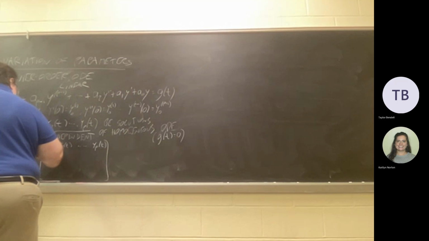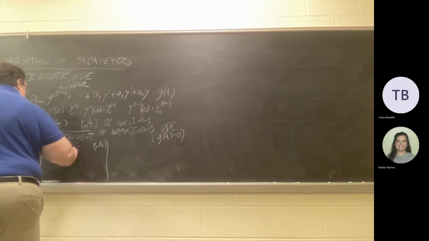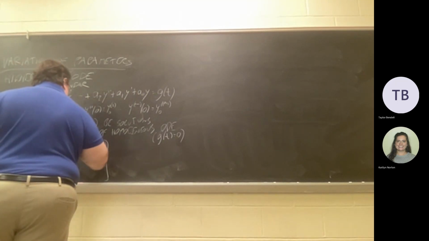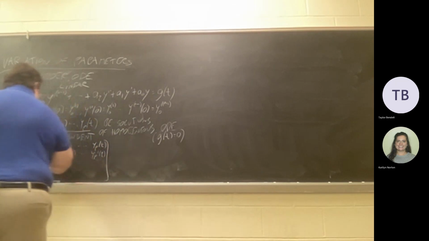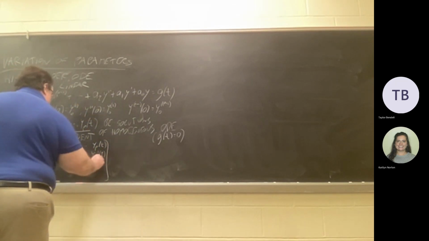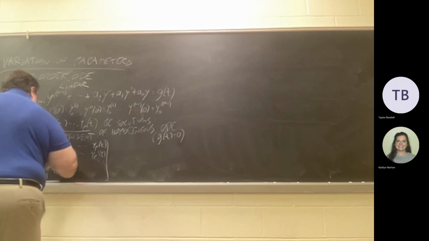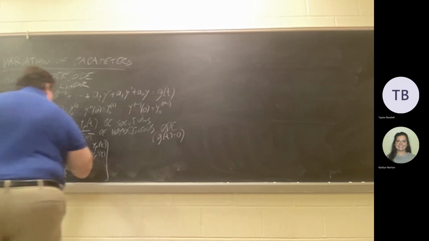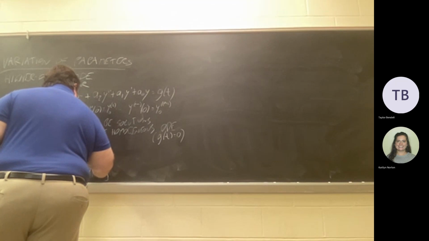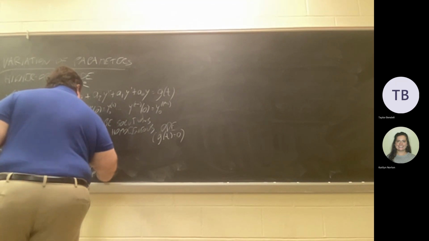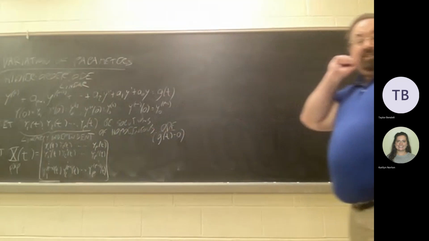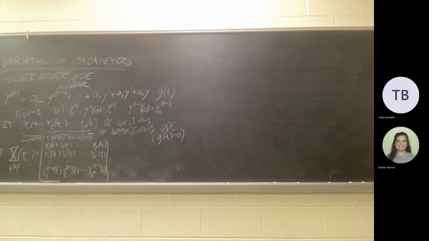Second row will be their first derivatives, and all the way down to the p minus first derivatives in the last row. Because the solutions y1, y2, etc., are linearly independent, that X of t is invertible.